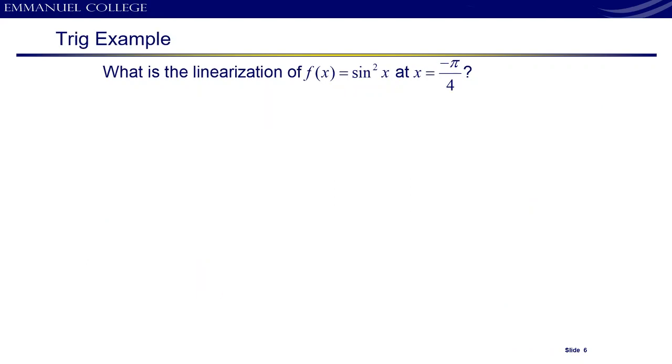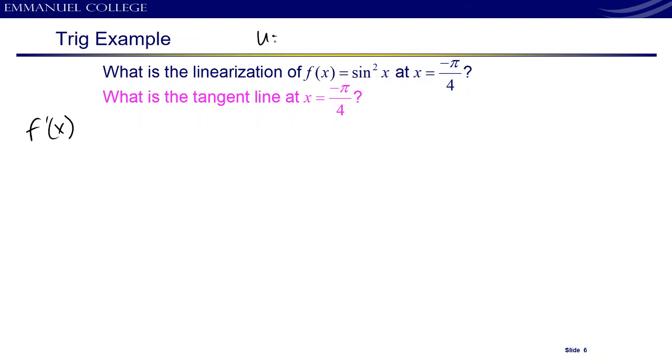So now what if I said what's the linearization of f of x equals sine squared x at x equals negative pi over 4? Again, same thing as just asking what's the tangent line at x equals negative pi over 4. So the derivative of sine squared, this is chain rule.